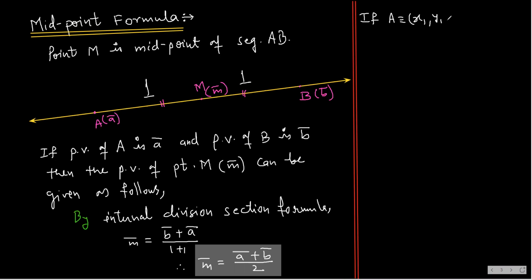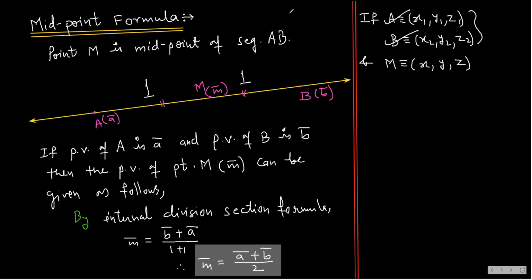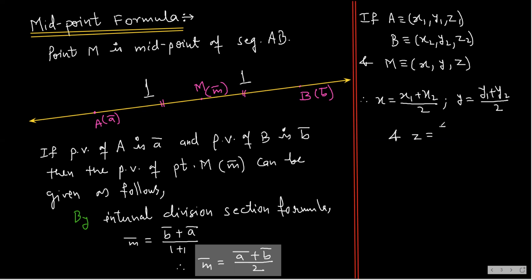If A is x1, y1, z1, a point in space, B is x2, y2, z2, another point in space, and M is, say, an unknown point x, y, z in space, then if I know these coordinates and I know that M is the midpoint, I can write the coordinates of M. What will be x? x will be simply x1 plus x2 upon 2. y will be y1 plus y2 upon 2, and z will be z1 plus z2 upon 2. This is the detailed information about the midpoint formula.